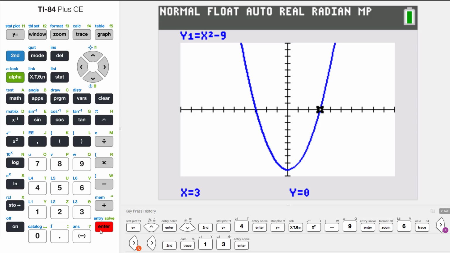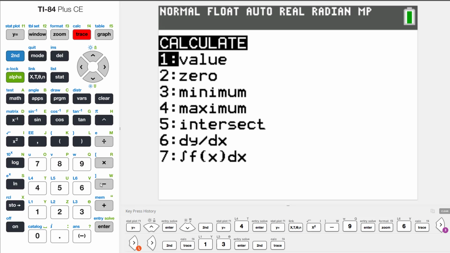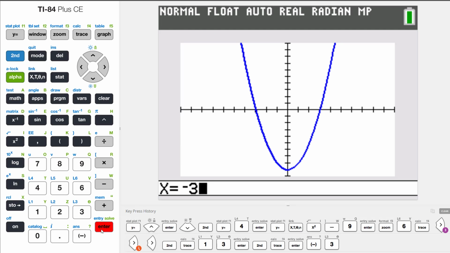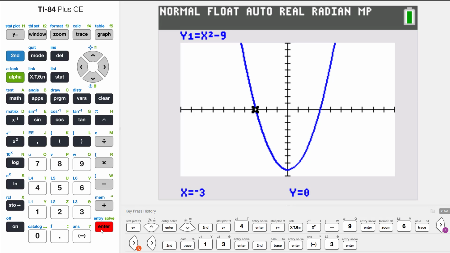You could put in 3, for example, and you'll see that the y value is 0, which we kind of knew, I'm sure. Likewise, on the other side of the y-axis, if you put in negative 3, you get the same thing. Again, you can see that the y value is 0.